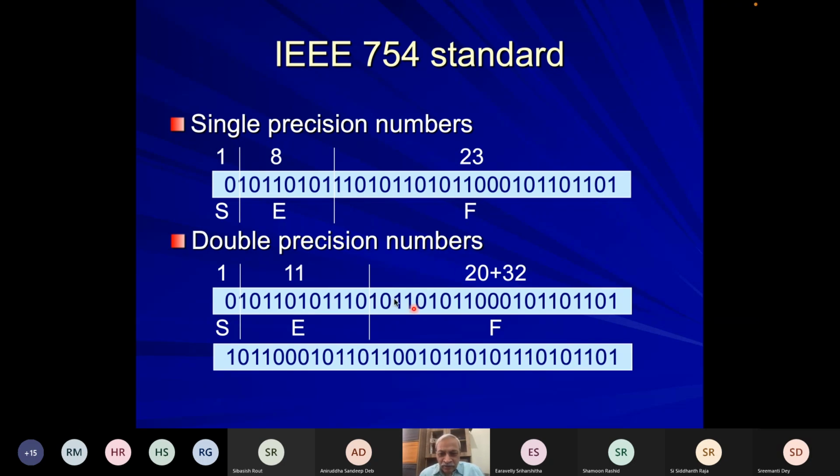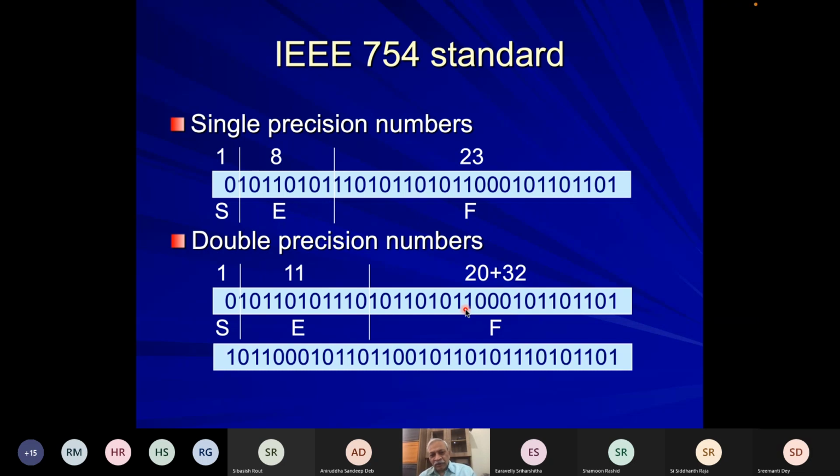So 20 bits come from the first word, and the remaining 32 are entirely used for the fraction part. So this is a standard way of dividing 32 bits or 64 bits into S, E, and F.